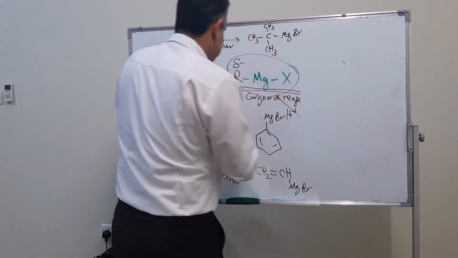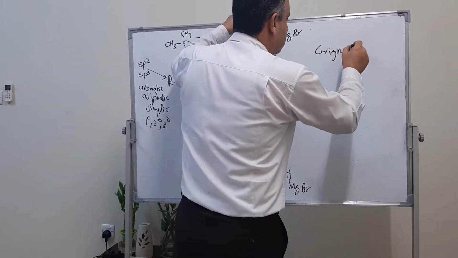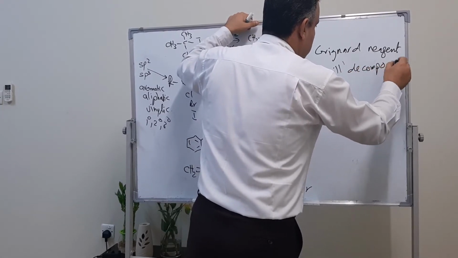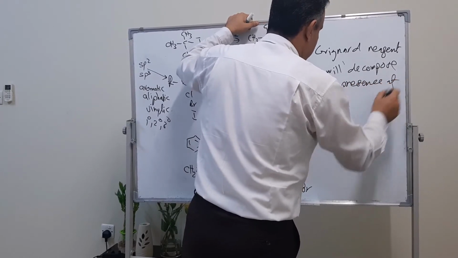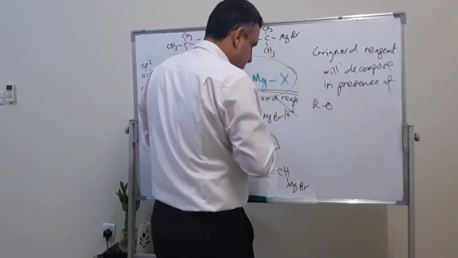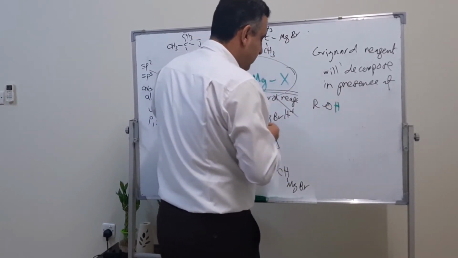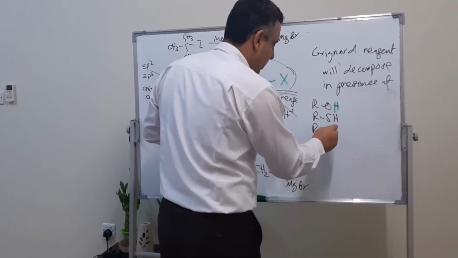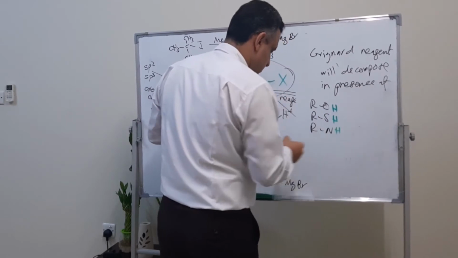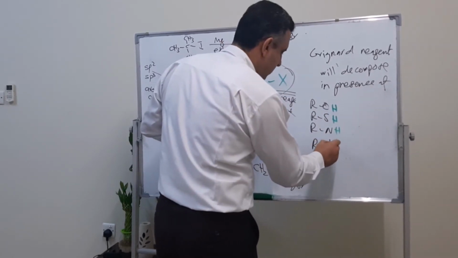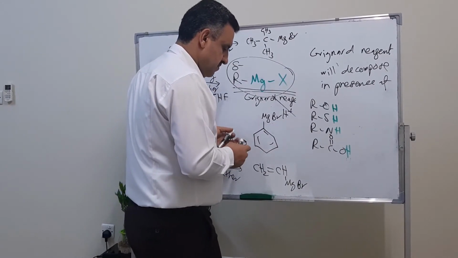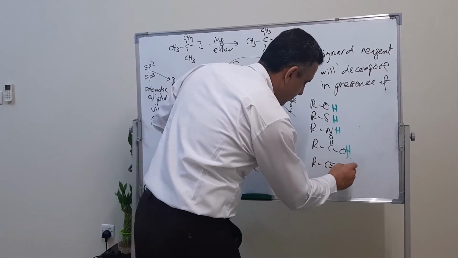So, in principle, the Grignard reagent will decompose in the presence of these functional groups: ROH, for example, any acidic hydrogen, RSH, RNH, RCOOH, of course, RC≡CH.